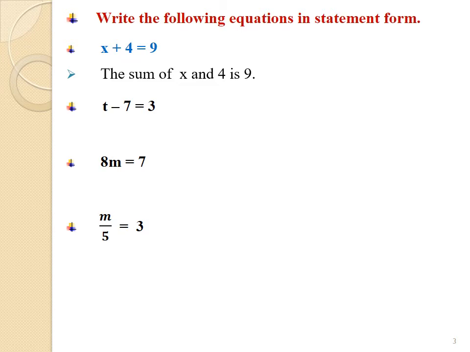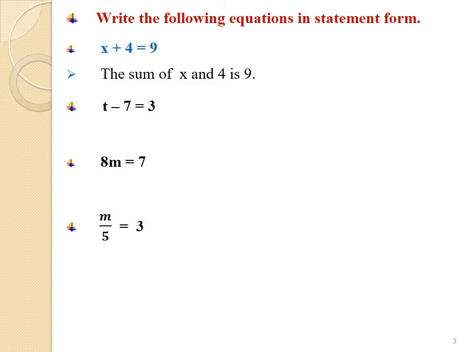Students, we know that for a given equation, not just one, but many statement forms can be given. For equation x plus 4 equals to 9, we can also write 4 added to x to get 9.